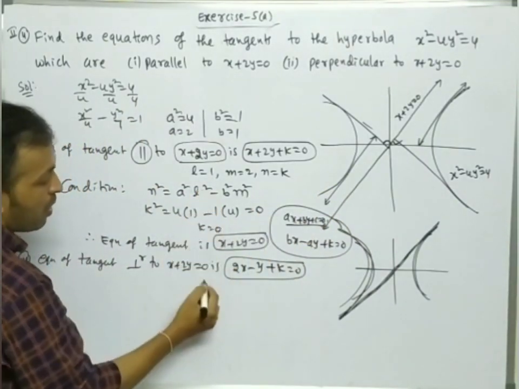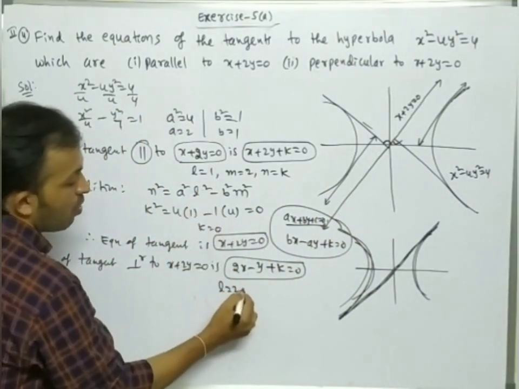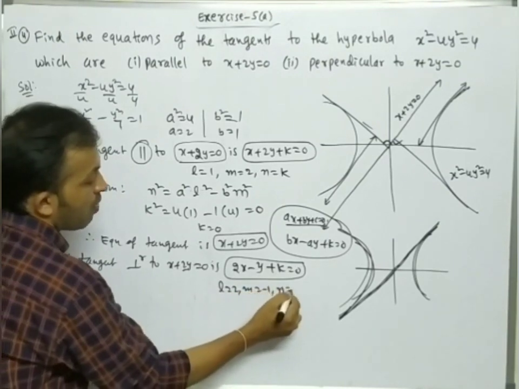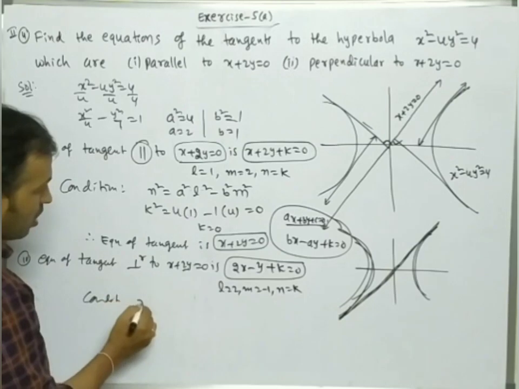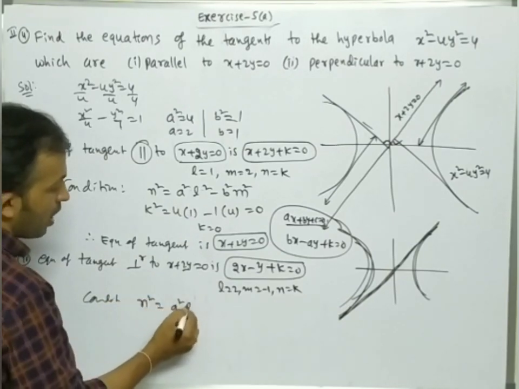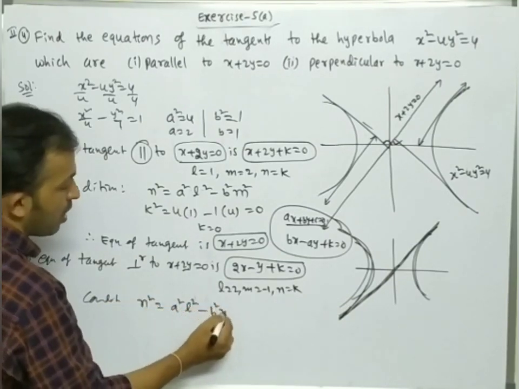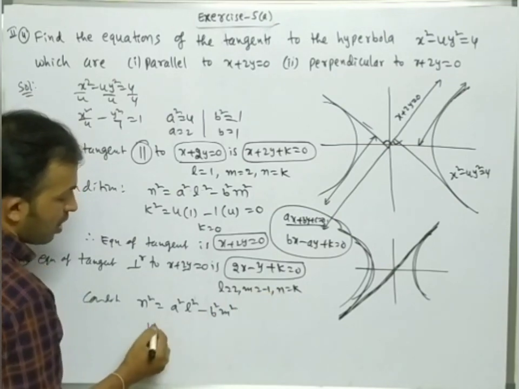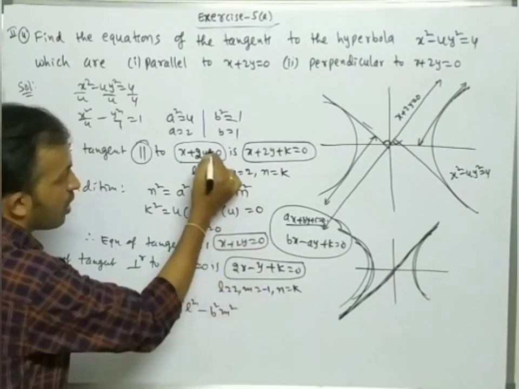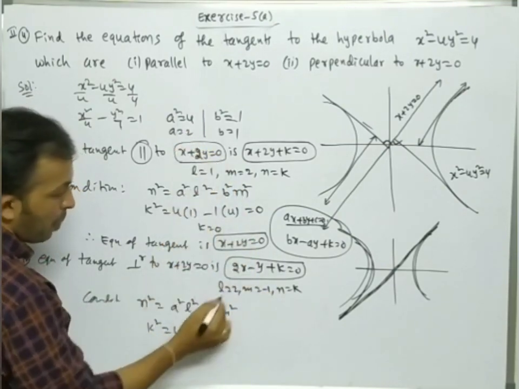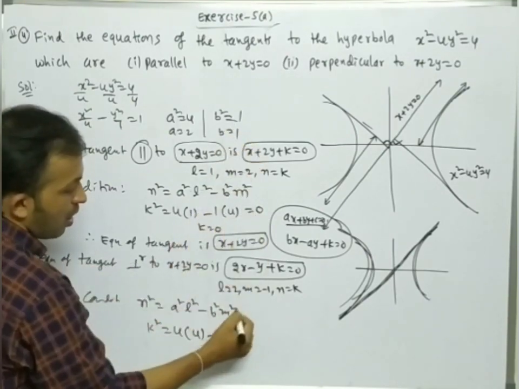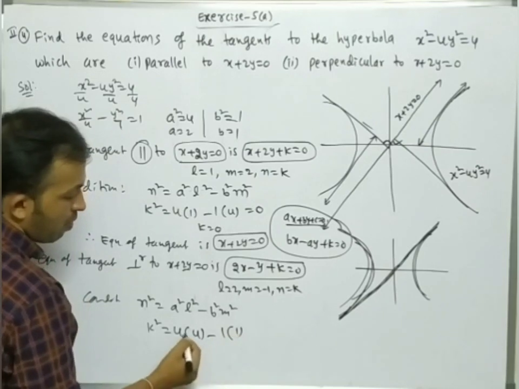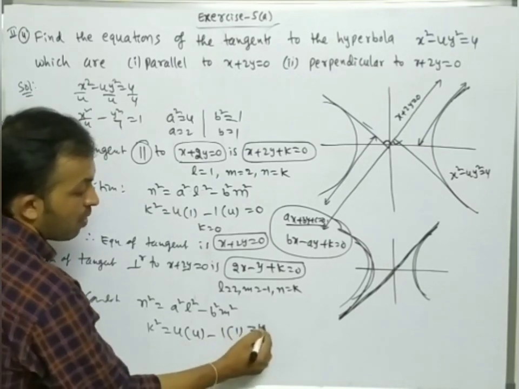So these perpendicular lines should be tangent to our hyperbola. Therefore again apply the condition for tangency. l is equal to 2, m is equal to minus 1, n is equal to k. So what is the condition? n square is equal to a square l square minus b square m square. k square equals a square 4 times l square 2 square, 4, minus b square 1 times m square minus 1 square, 1: 16 minus 1, 15.